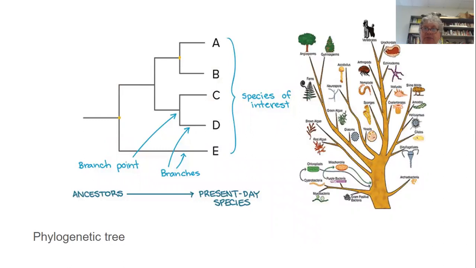So for example, in biology, there's a thing called the phylogenetic tree. And so this is the tree of life.